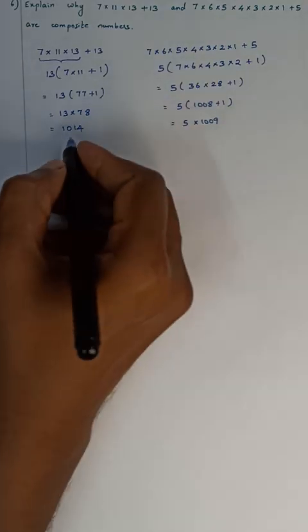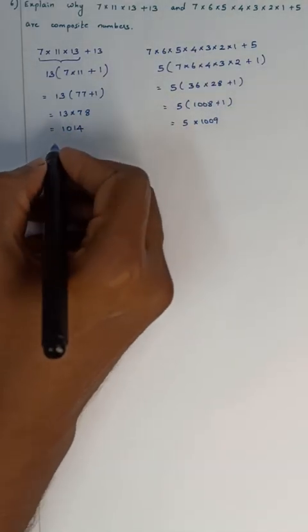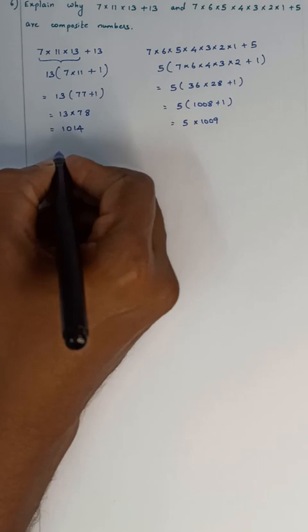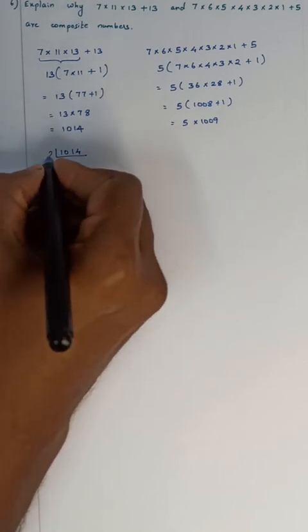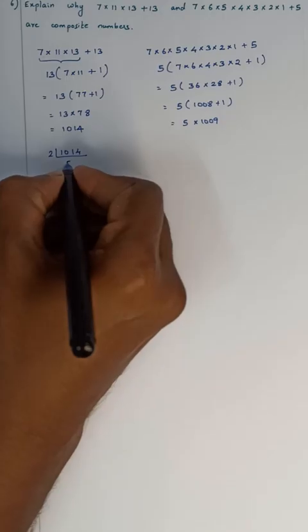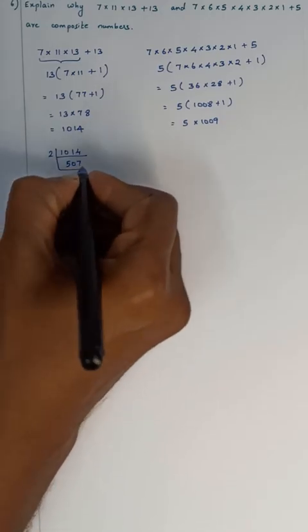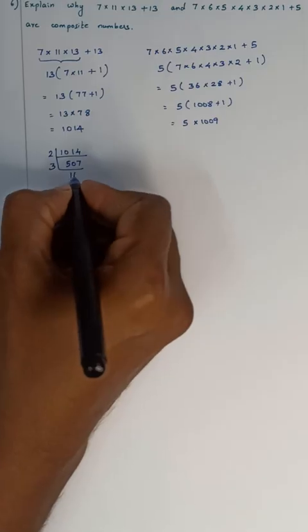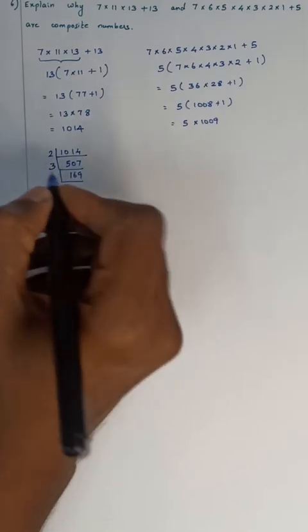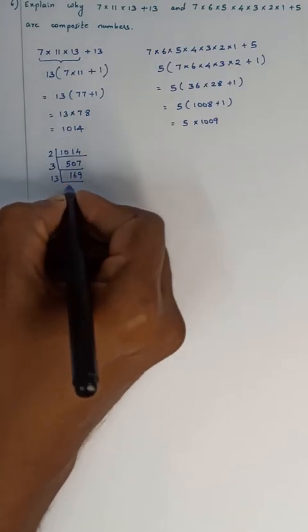Now we simplify 1014. When we simplify, it is divisible by 2, we get 507, which is again divisible by 3, we get 169, then it is divisible by 13.